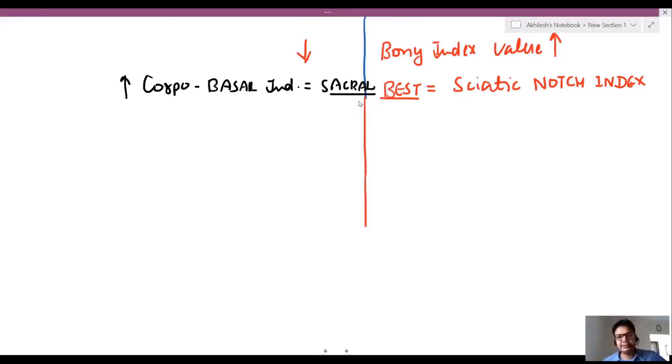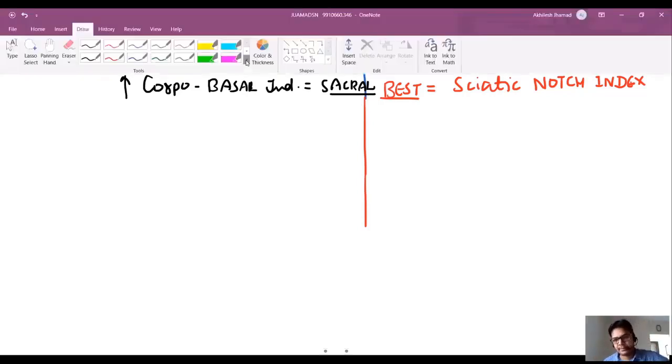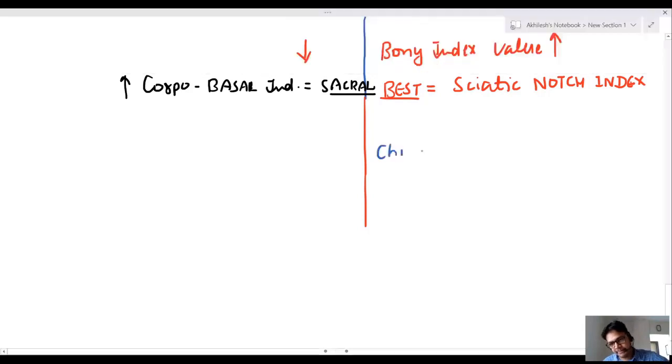Next, chilotic line. So chilotic line is more prominent in female in pelvis. It is less prominent in male in pelvis.